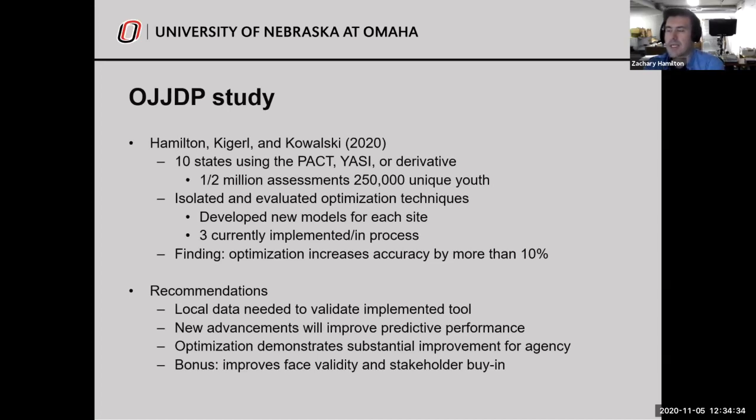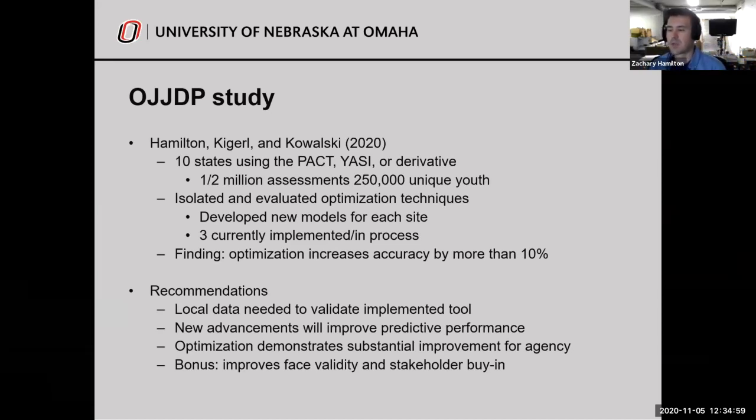Essentially what we did was identify which items were not working well for their particular population and eliminated them. And we reweighted those that were stronger predictors of their local youth. And the finding was that we could optimize their tool and increase the accuracy at that local level by more than 10% across all 10 of the states that we examined.